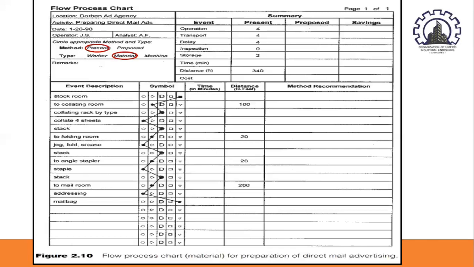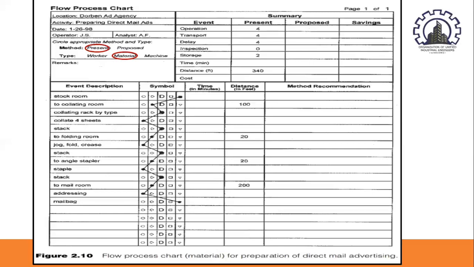And the date is January 26, 1998. For the operator's name, only the initials are acceptable, so you have JS, and the analyst is AF. Operator meaning the person that is handling the material that you are studying. And you also have the analyst, you being the observer of that certain study.